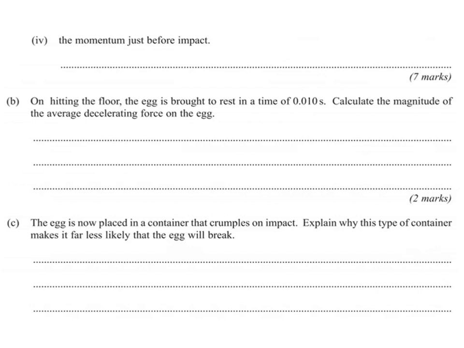So the next part of the question asks you to calculate the momentum, and momentum, which we always use the P for, is equal to the mass times the velocity, which is equal to 5.8 times 10 to the minus 2 times 5.4.